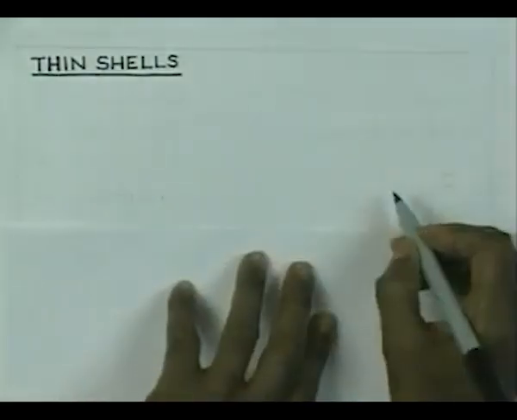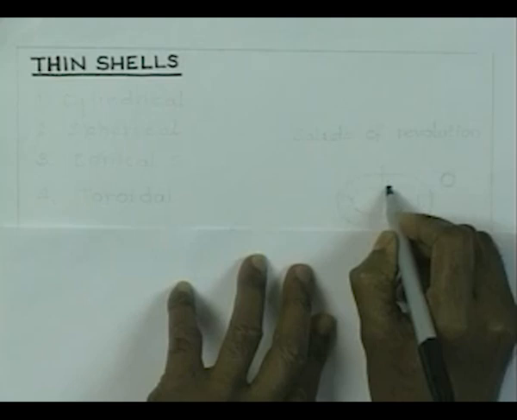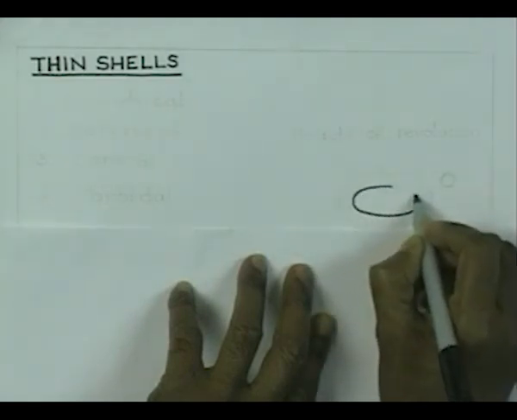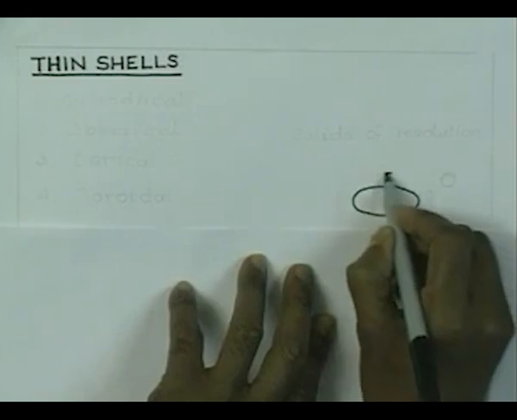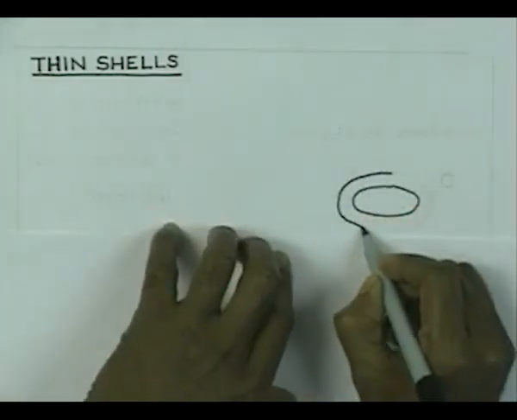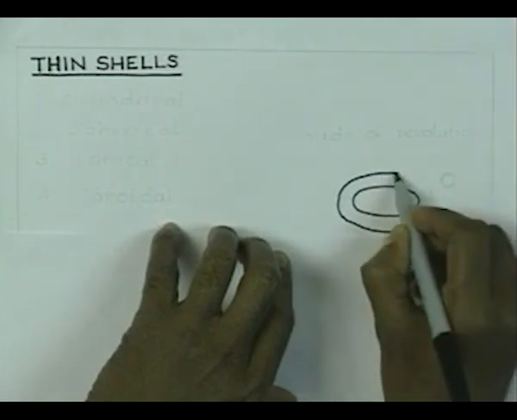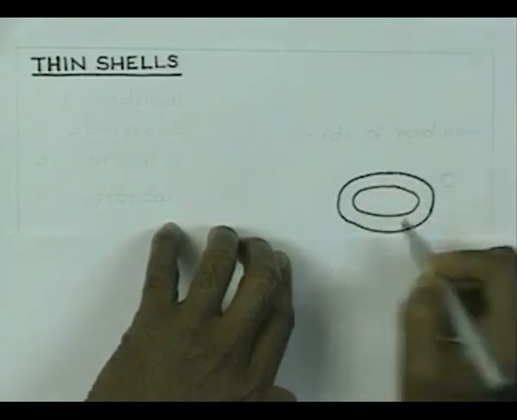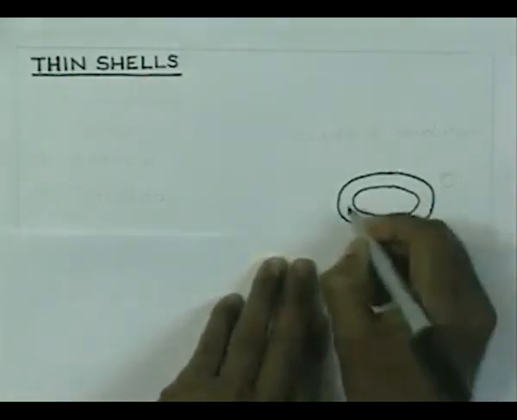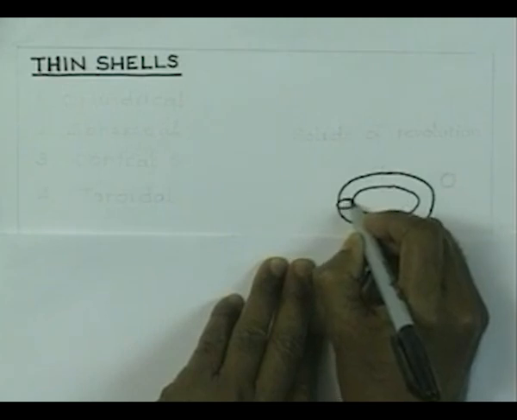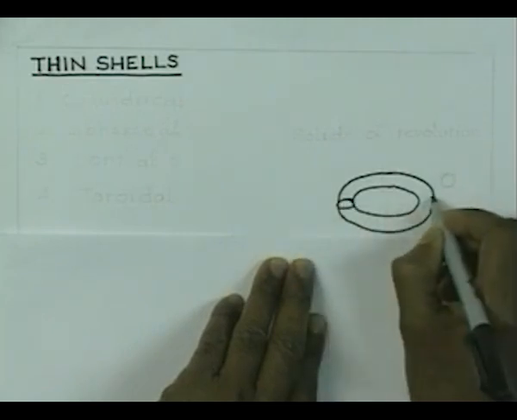Toroidal cell, it is like this, it looks like a ring, and then the cross section here is circular. So, also cross section here is circular.